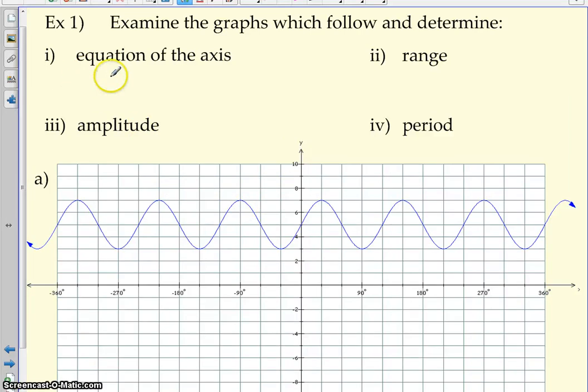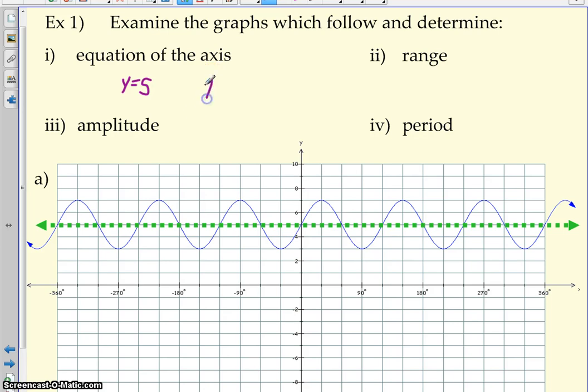We'd like to figure out first the equation of the axis. So visually you can see it on the graph. You can see that the y value in the middle that cuts it in half is going to occur at y equals 5. Which is all well and good, but again, let's say you're having trouble seeing it on the graph or it's not an exact value.